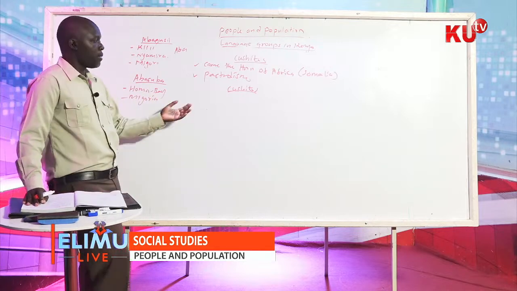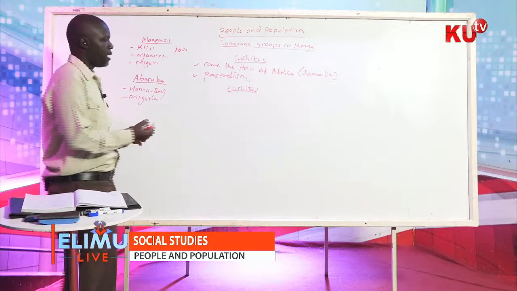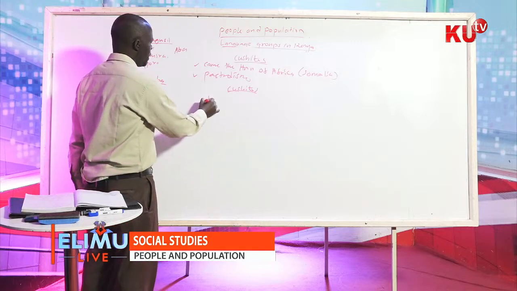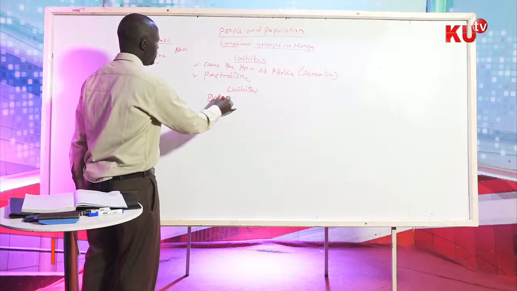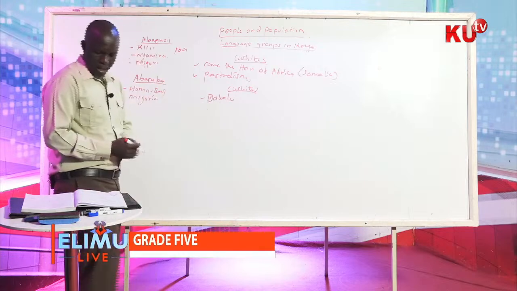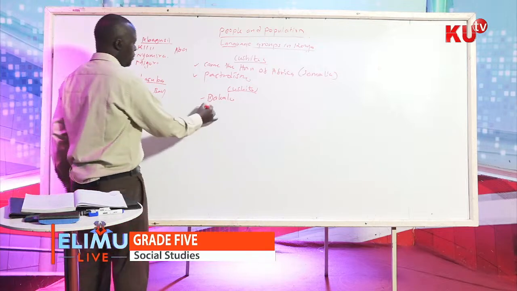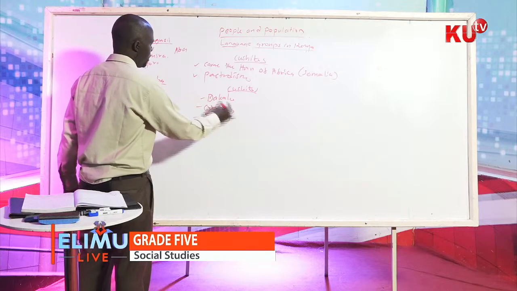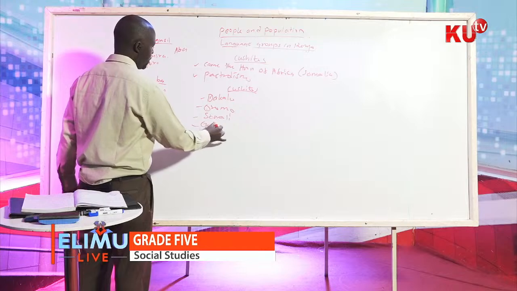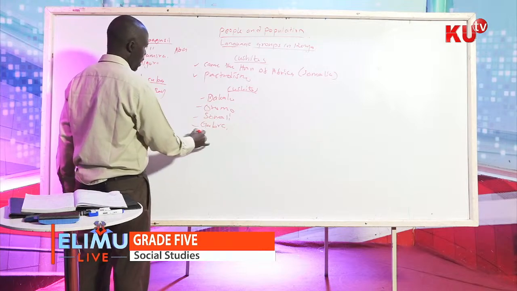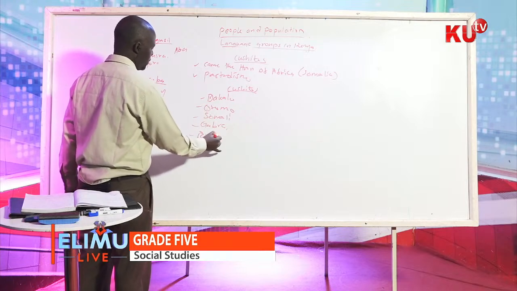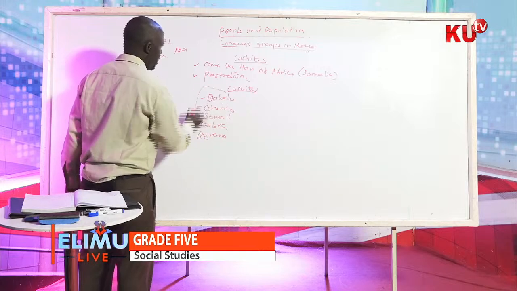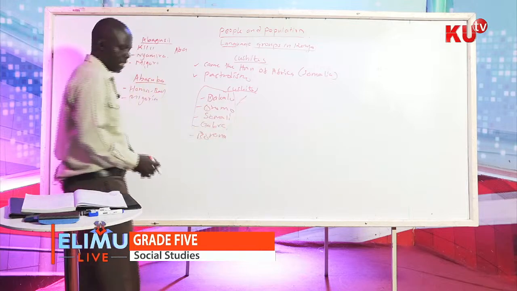So the community that makes up the Kushites in Kenya, this is where we have the Dahalo, we have Oromo, we have Somali, we have Gabra, then we have Borana. So this group here makes up the Kushites in Kenya.